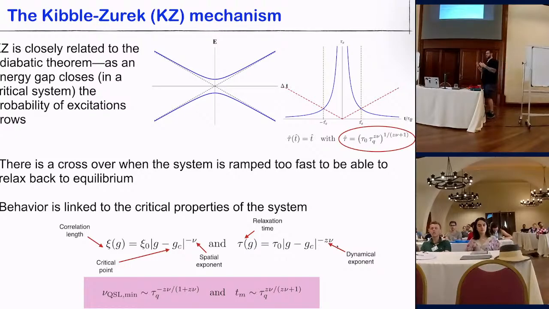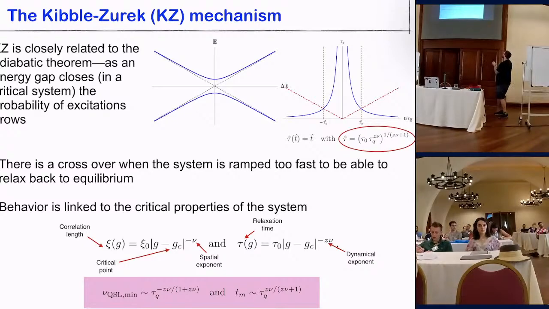You can see the essence of the adiabatic theorem there. If the energy gap of my system is really large and I'm ramping it slowly in comparison to the inverse of the energy gap, I won't get excitations because of the adiabatic theorem.